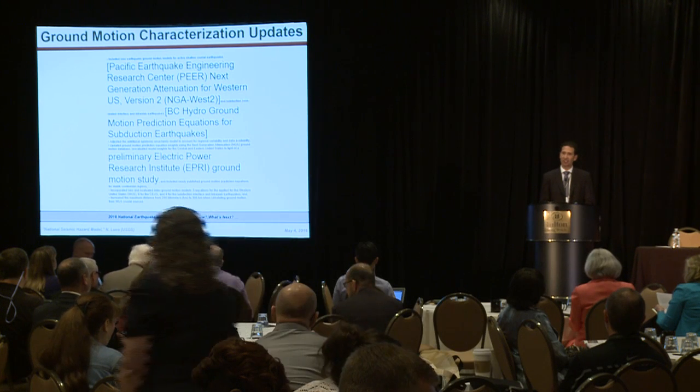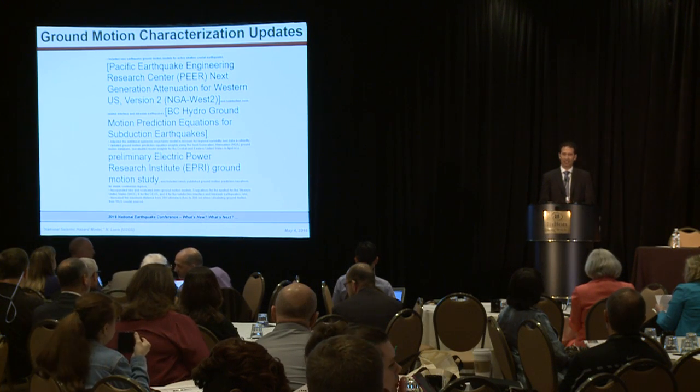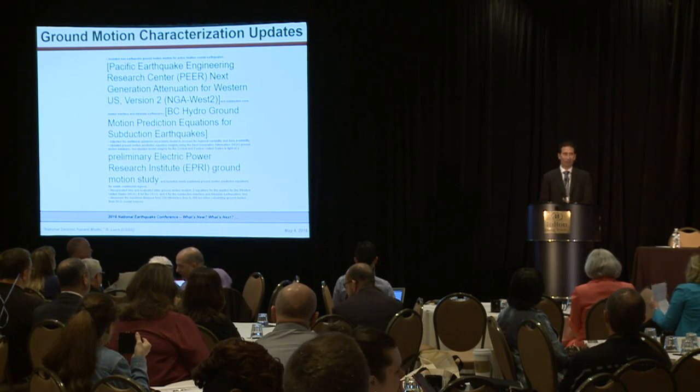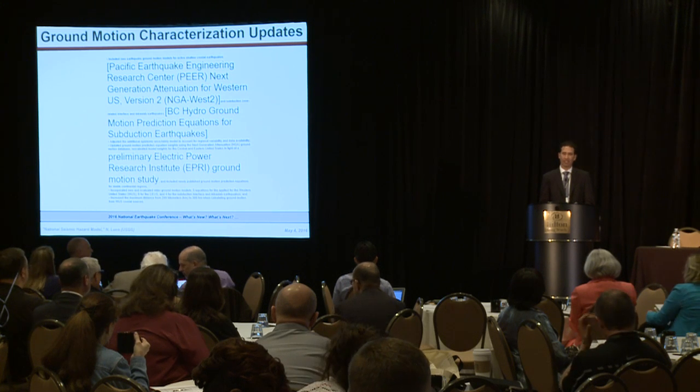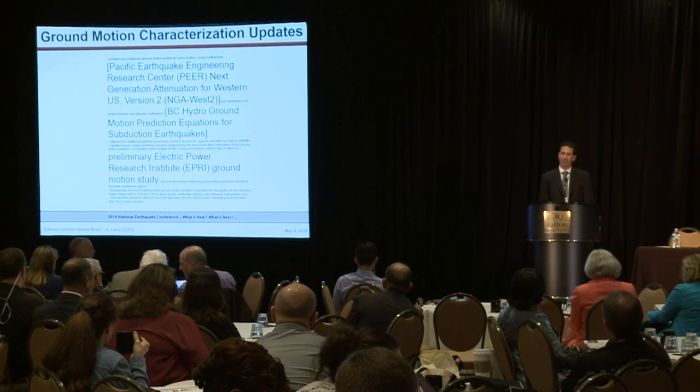And then in the central and eastern US, as we'll find out later, we're still waiting for our big update there, but there was some work by the Electric Power Research Institute to look at the ground motion models that we have at this time and figure out how to best weight them to match the current data that we have.